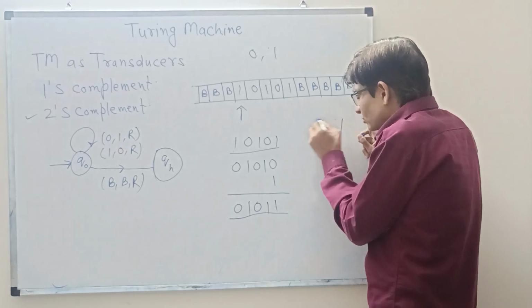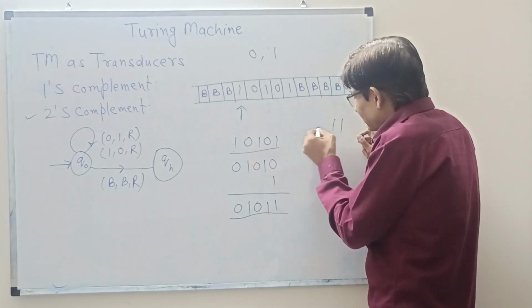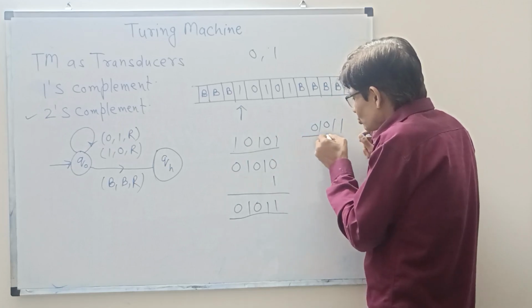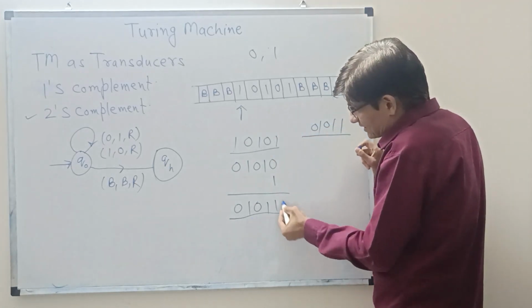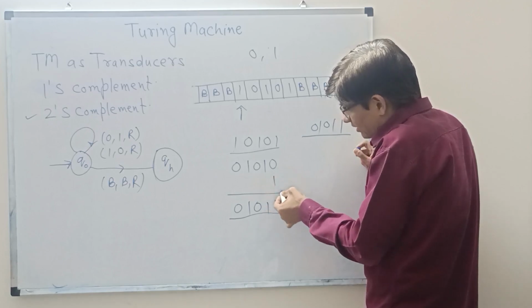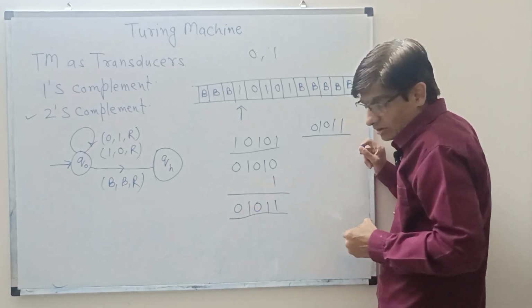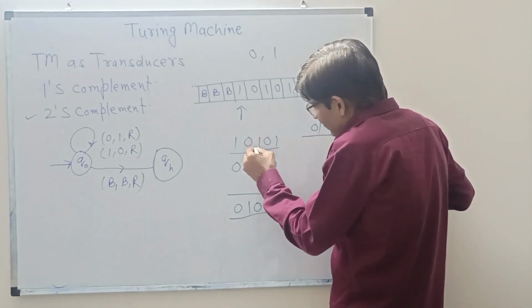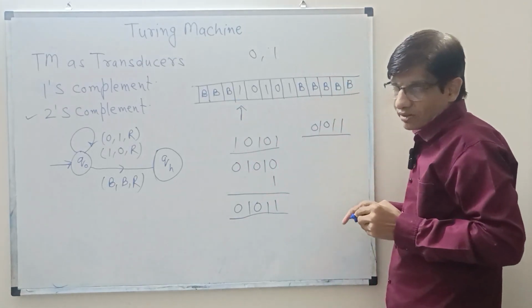So we will invert this, then this, then this, and then this. So this is the 2's complement of this number, and you can see by the traditional method also we have got the same number. So this is the direct method of finding the 2's complement of a given binary number.